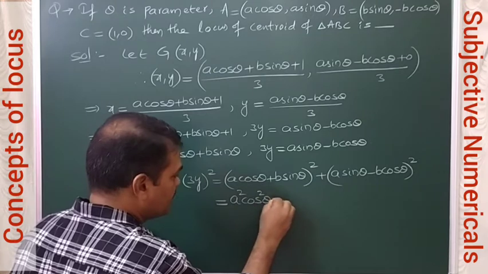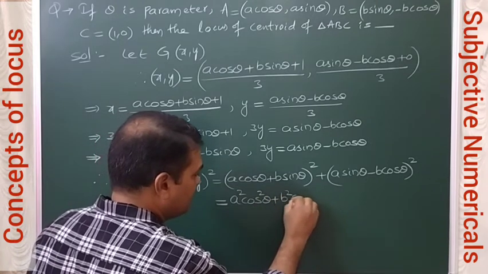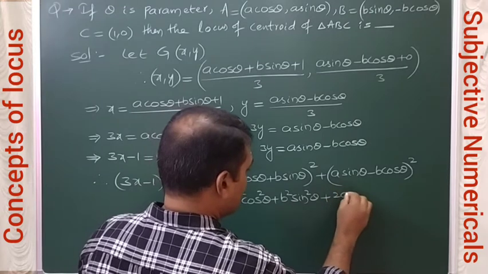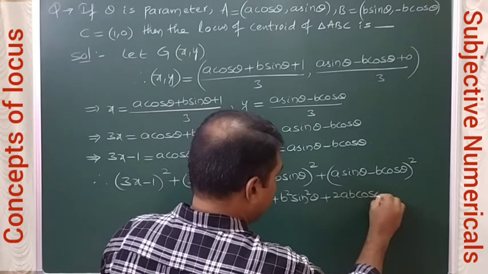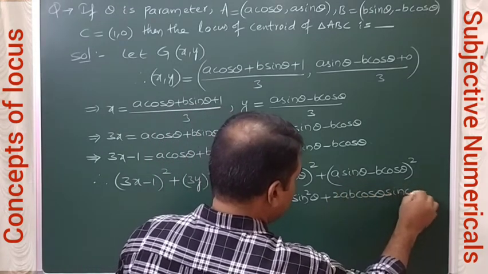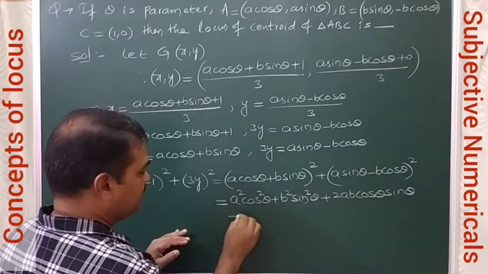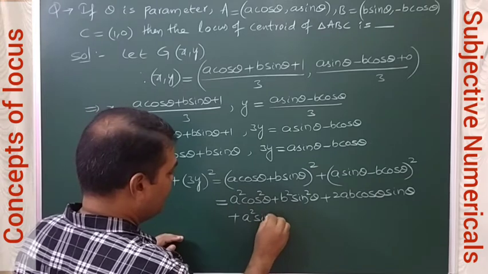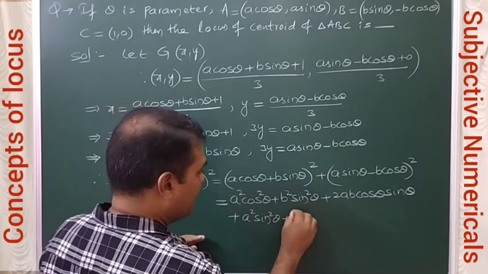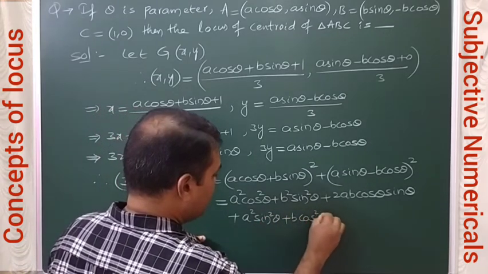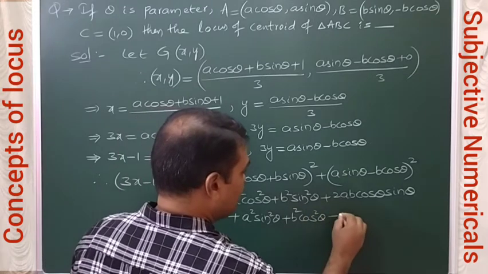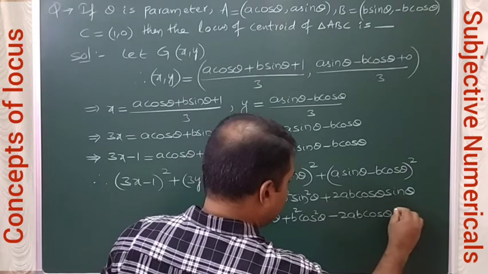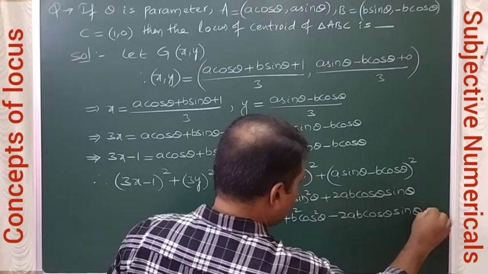So a²cos²θ + b²sin²θ + 2ab cosθ sinθ. This is the first term. Coming to the second term, (a−b)², we will get a²sin²θ + b²cos²θ − 2ab sinθ cosθ.